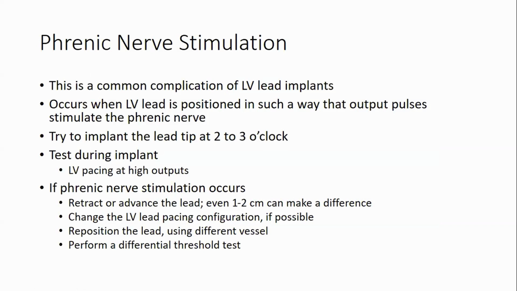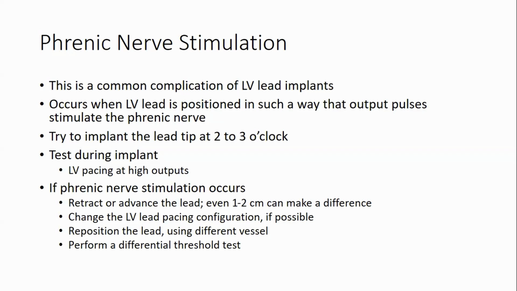One common problem that happens with CS leads is phrenic nerve stimulation, and this manifests as a twitching of the diaphragm. Usually after we implant, we do a test at high voltage, 5 to 10 volts, and patients might get a diaphragmatic twitch.